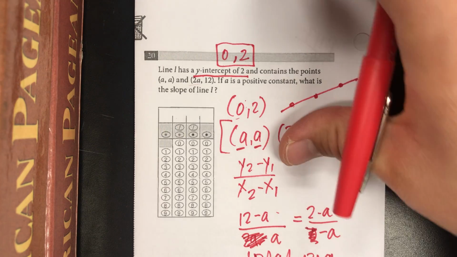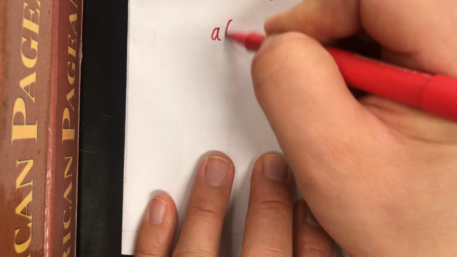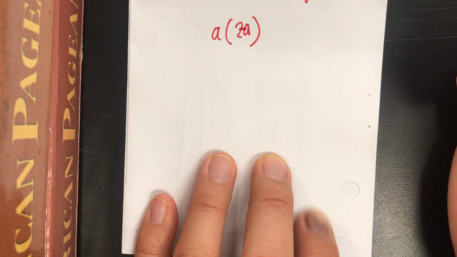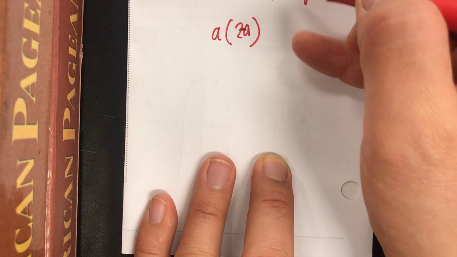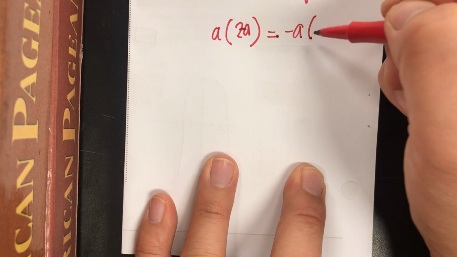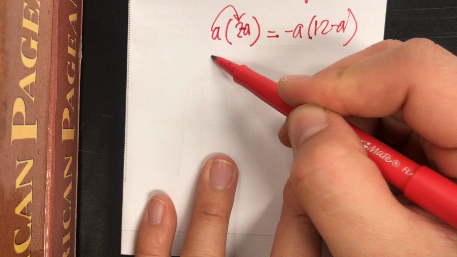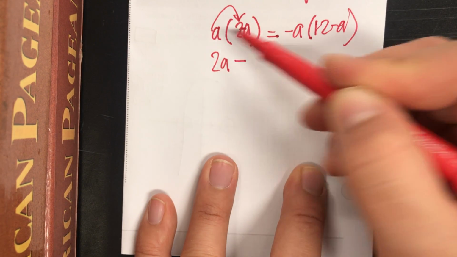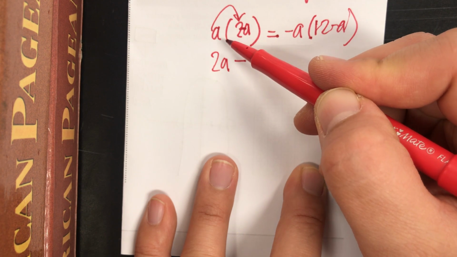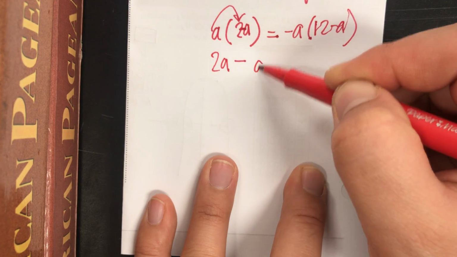Okay, so let me write that out for you down here. What you're going to end up getting is a times 2 minus a, and then negative a multiplied by 12 minus a. Okay, a times 2 is 2a, and then a times a is going to be a squared.